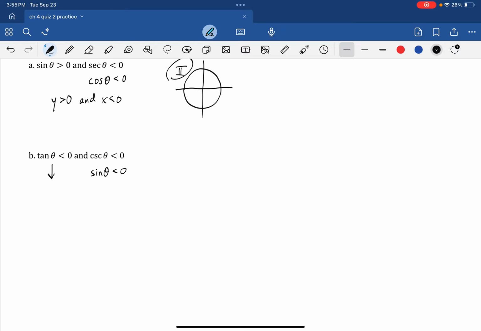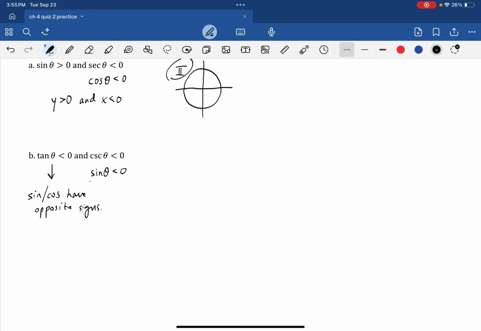Because if sine and cosine are both positive, then tangent is going to be positive. But if sine and cosine are both negative, then tangent is also going to be positive. It's because a negative number divided by a negative number is a positive number. And so that tells us that sine and cosine have opposite signs. In other words, the x and y values have opposite signs.